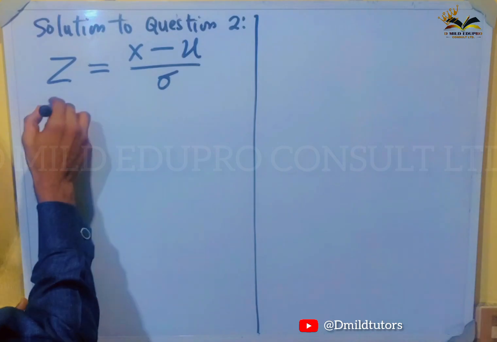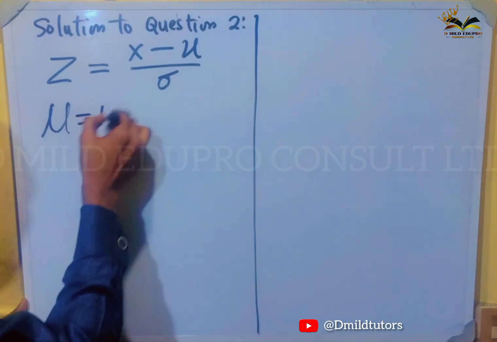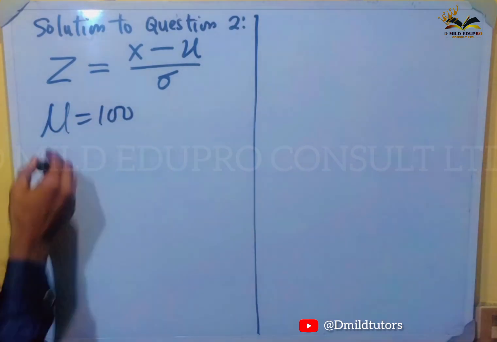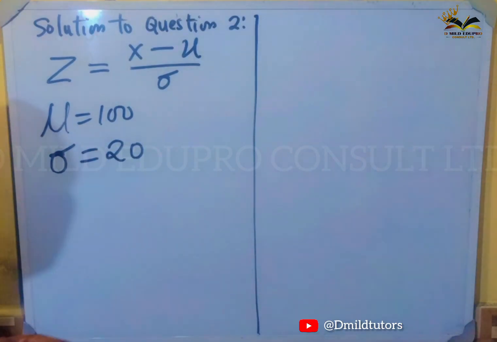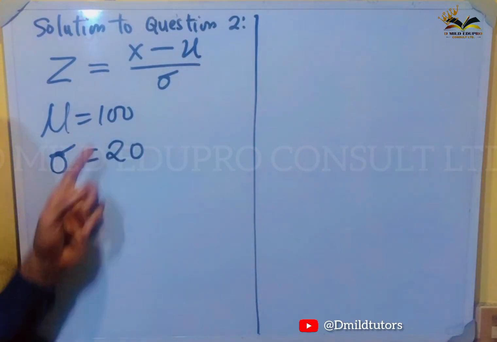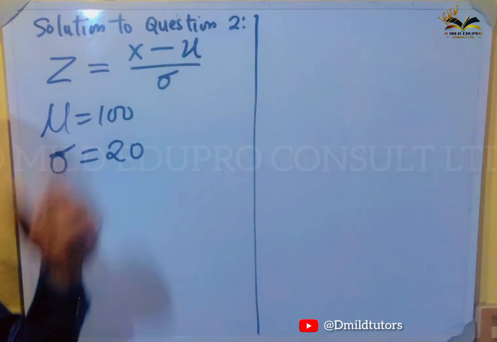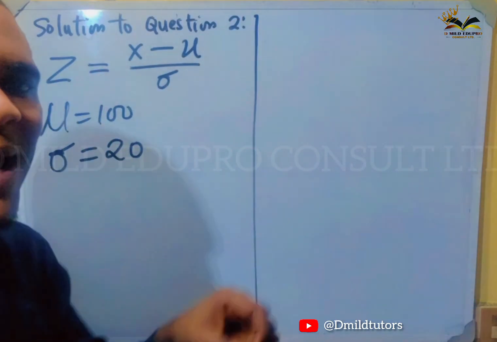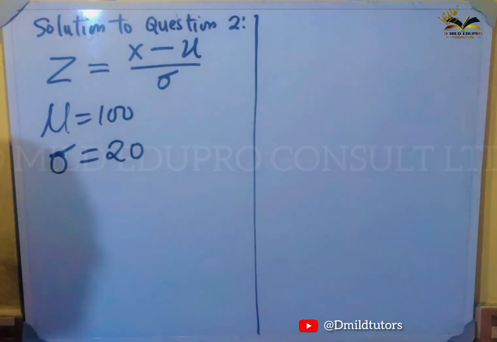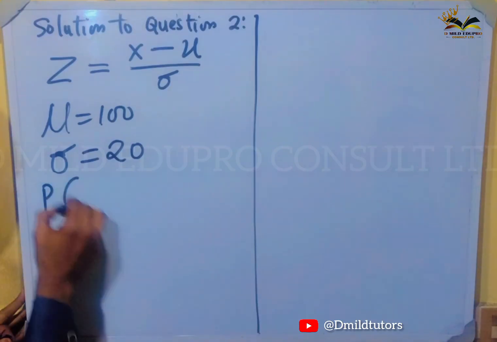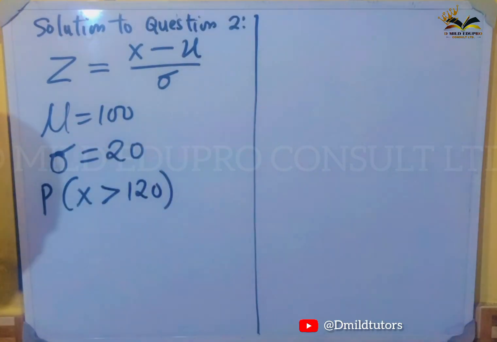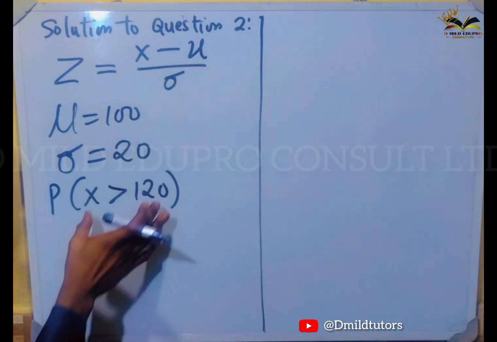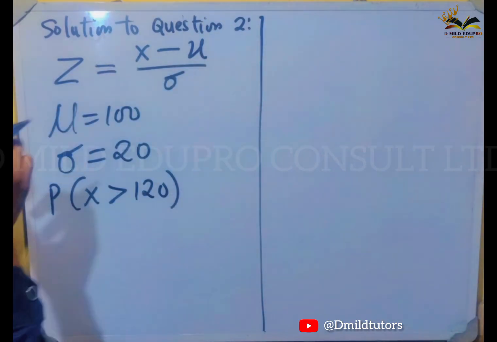From the question, your mu is 100. Your standard deviation is 20. If you read the question very well, these values were given. So all we will do is just to input. Part A says calculate the probability when x is greater than 120. I'm going to input all these values to get the z-score.